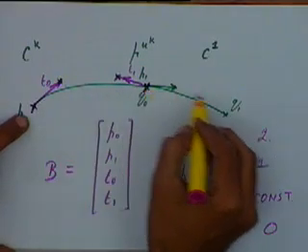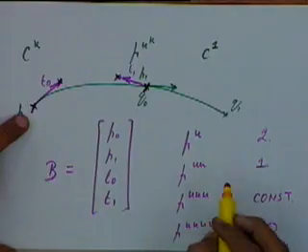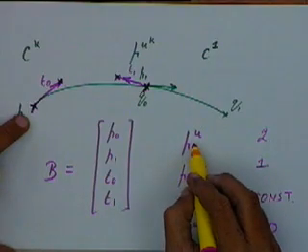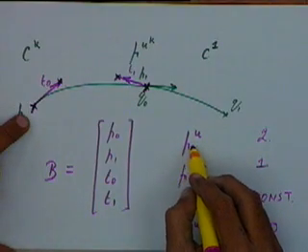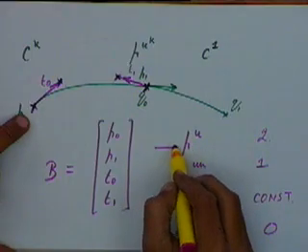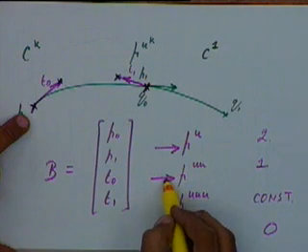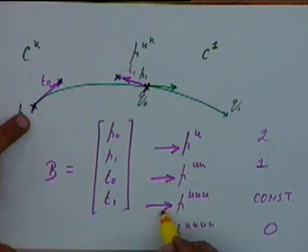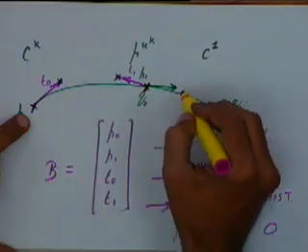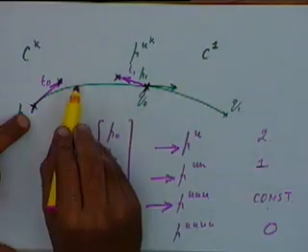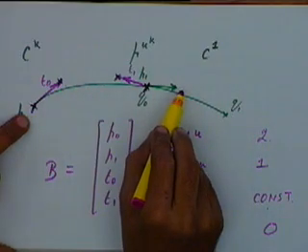Now, if you have two curves, if you want to ensure first C1 continuity, the tangent vectors have to be the same. For C2, this has to be the same. For C3 continuity, if I look at this term, this is a constant for both the terms. If I can ensure that these two constants are the same, I will get C3 continuity.